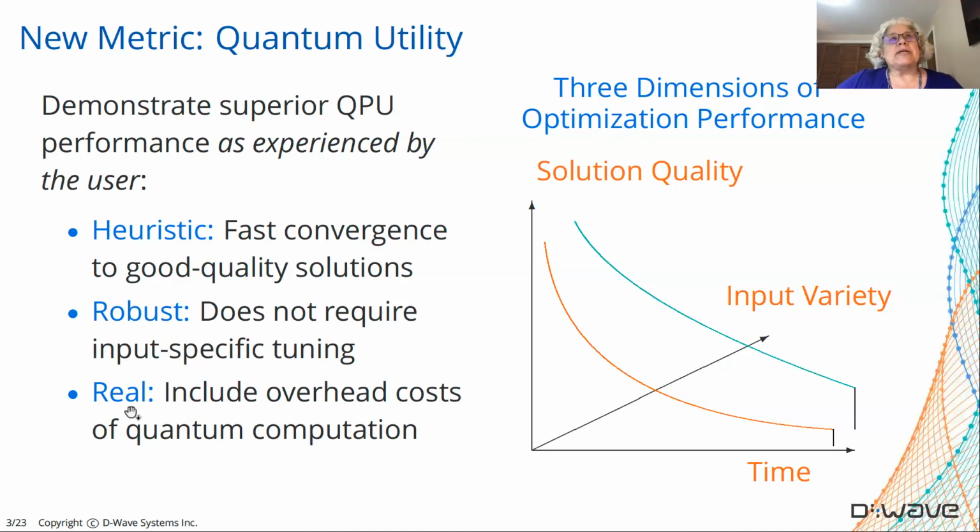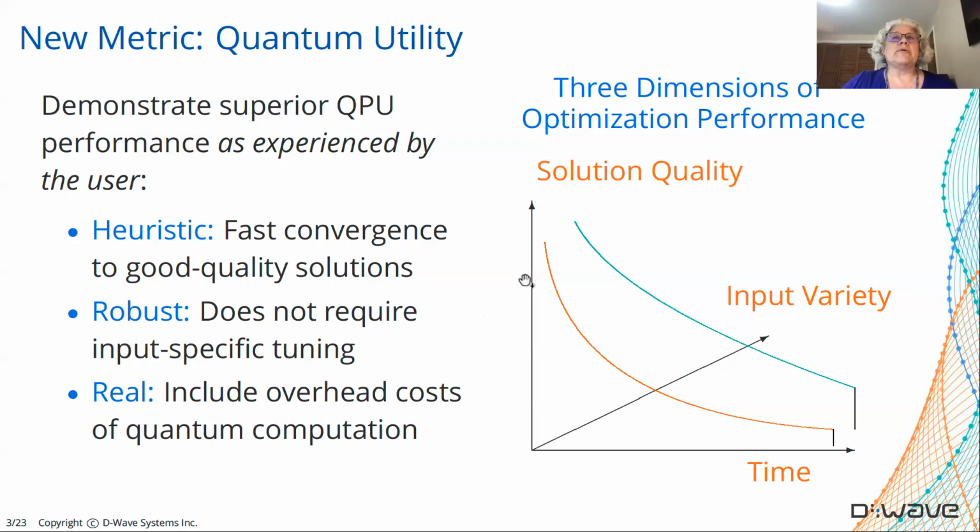So with this new metric, the idea is to capture QPU performance as experienced by the user. Because these are optimization problems and heuristics, there are three dimensions of performance that we can look at.